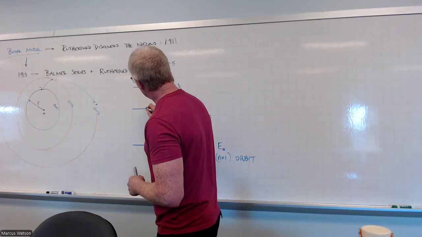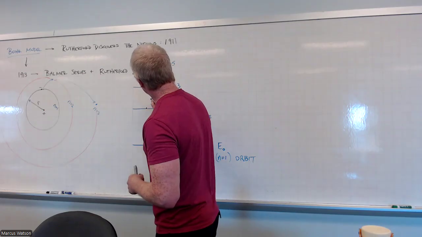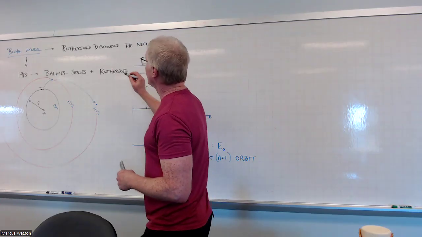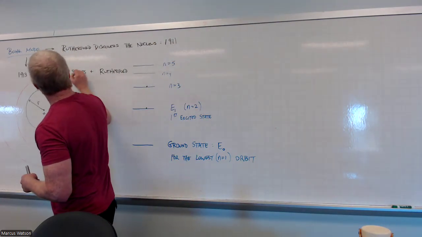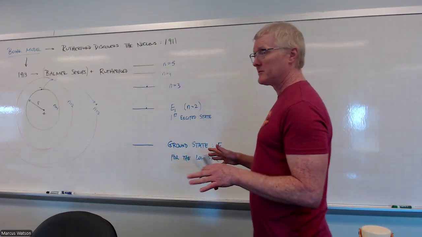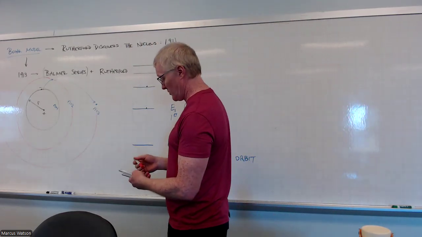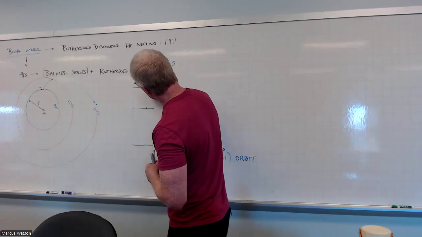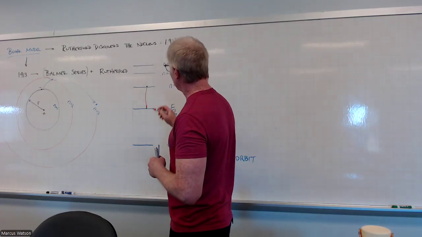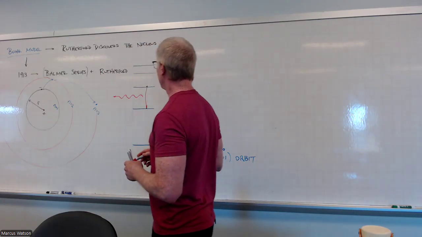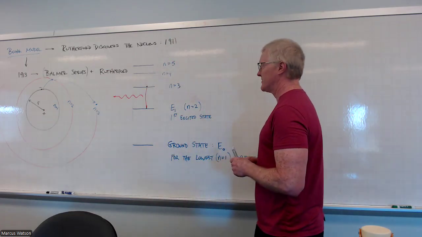What Bohr was able to do was give the Balmer series physical meaning. Do you know what the Balmer series is? Right, it's the light emitted, so you'd say, starting here, if I had an electron from the 3 jumping to the 2, it emits a photon.